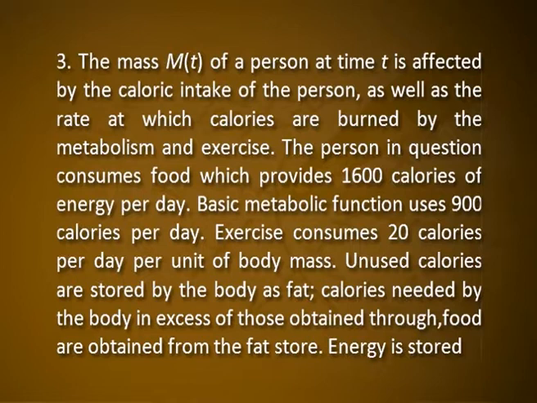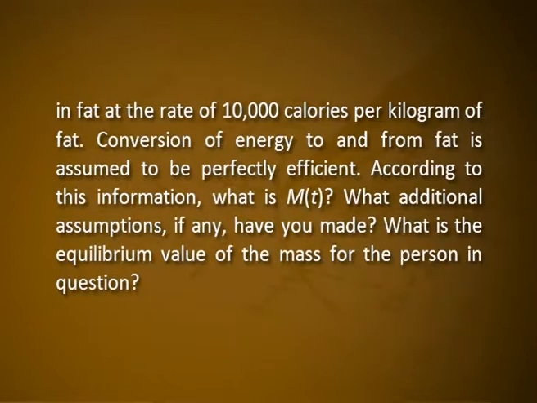Unused calories are stored by the body as fat. Calories needed by the body in excess of those obtained through food are obtained from the fat store. Energy is stored in the fat at the rate of 10,000 calories per kilogram of fat. Conversion of energy to and from fat is assumed to be perfectly efficient. According to this information, what is m(t)? What additional assumption, if any, have you made? What is the equilibrium value of the mass for the person in question?